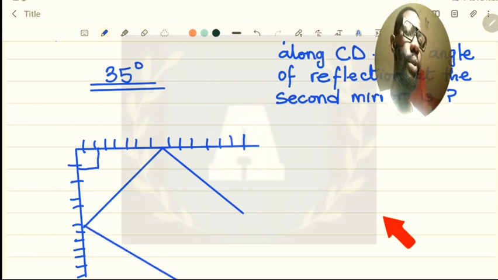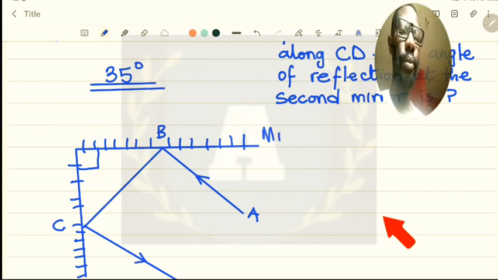If this is A, B, and this is C, D, it is incident here. I call this mirror 1 and this mirror 2.